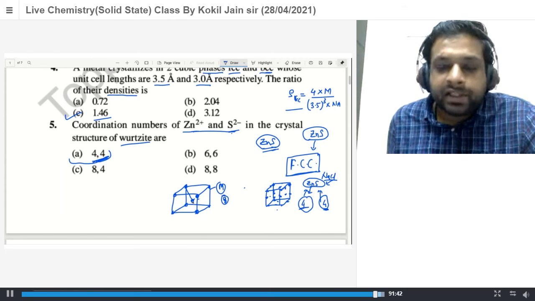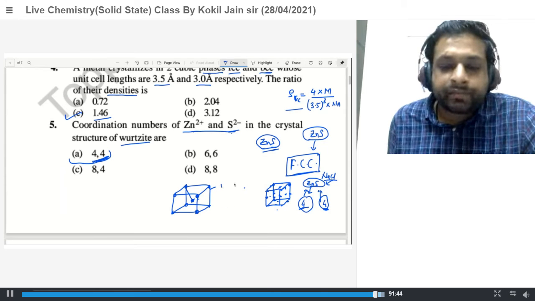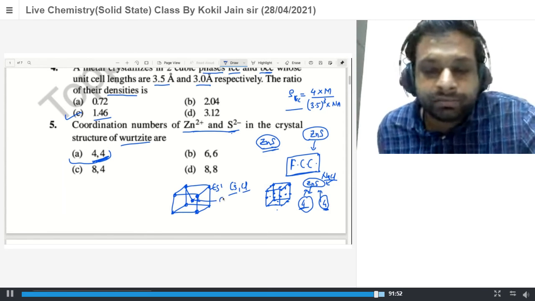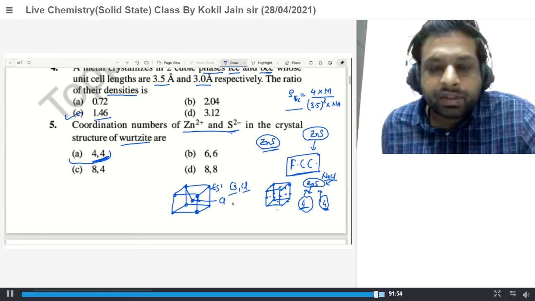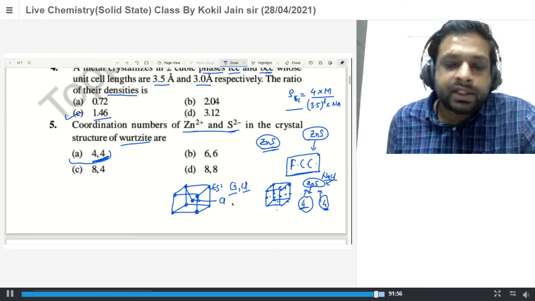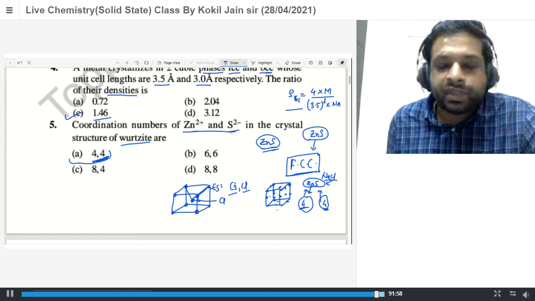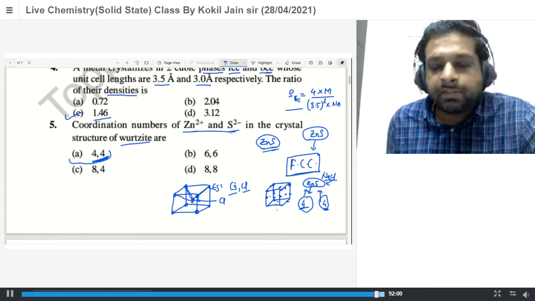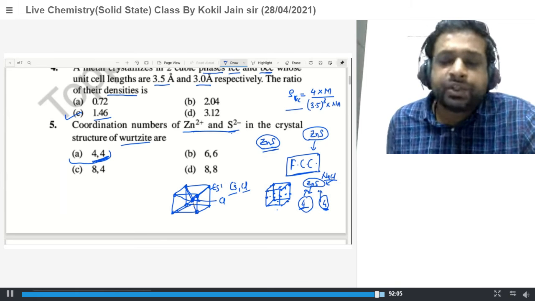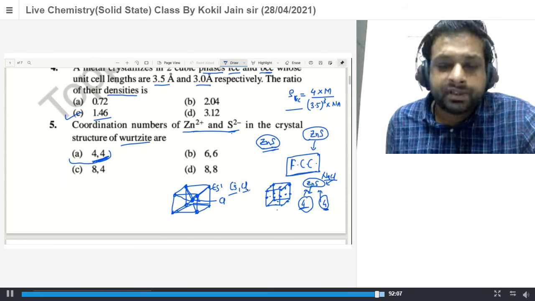Now there was another example of cesium chloride. In this, cesium was present at the corners and chlorine was present at the center. Here, 8 cesiums were covering up the chlorine atom. Similarly, 8 chlorines were covering up the cesium atom.